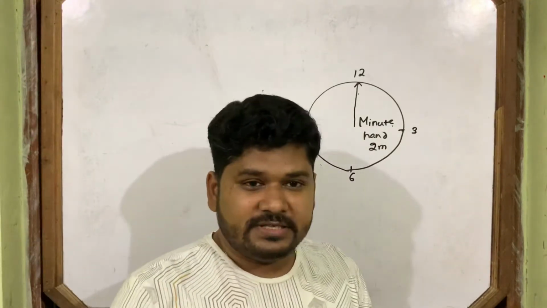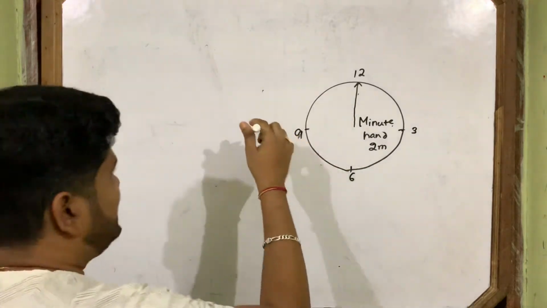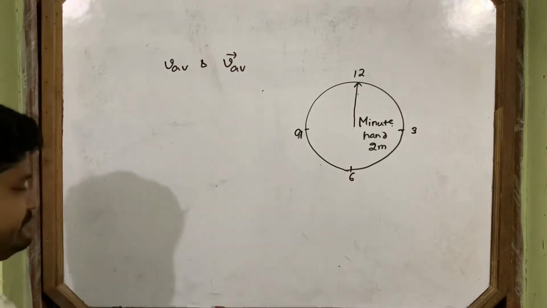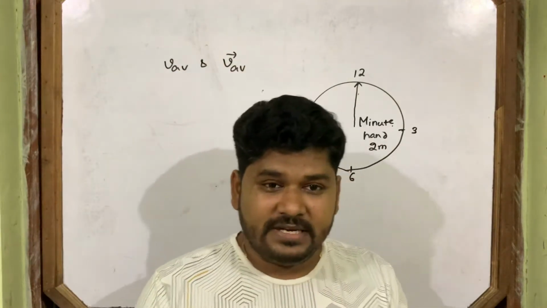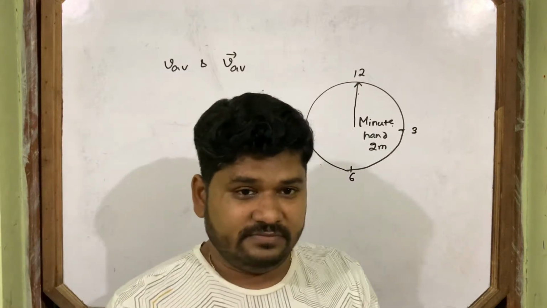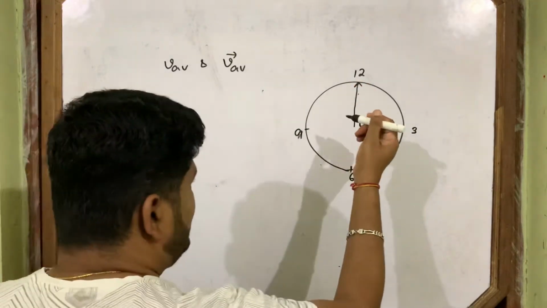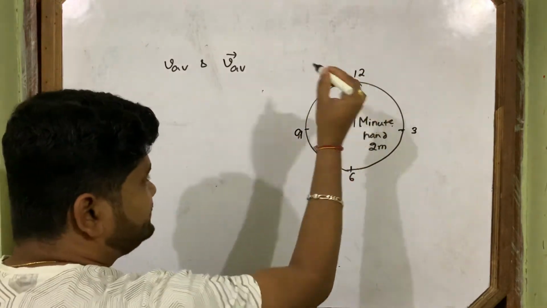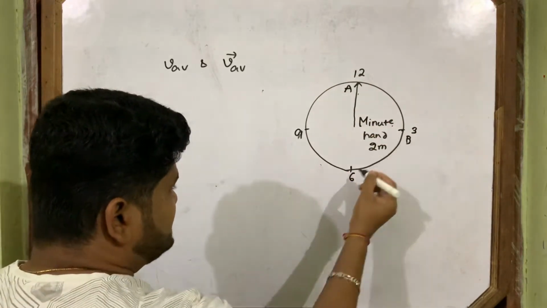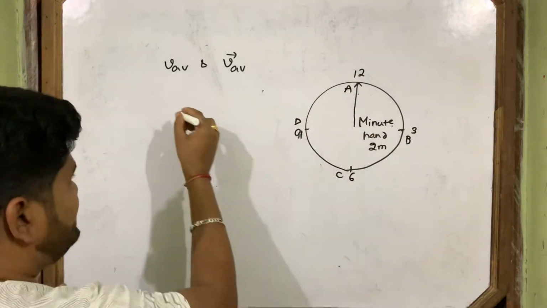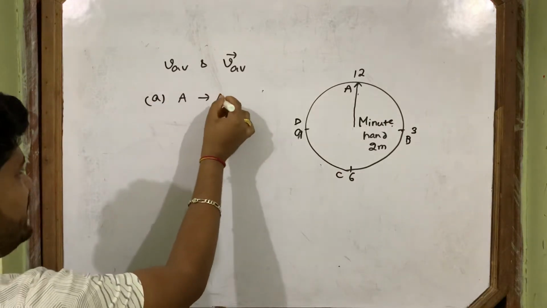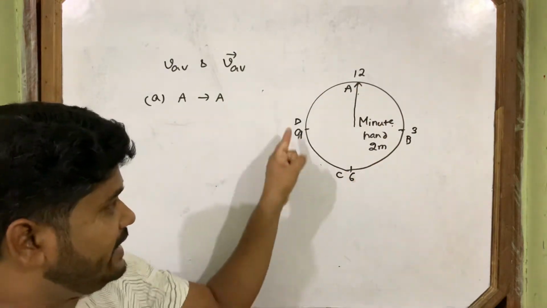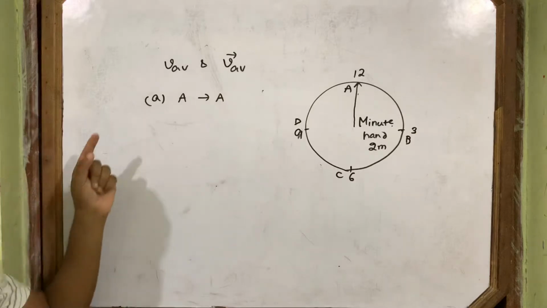So my question is, find the average speed and average velocity when the minute hand moves from A to A. I am just naming the positions A, B, C, D.